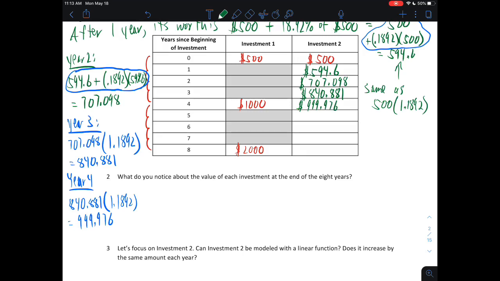Okay. So now that we see that there's an easier way to find all of these, let's go from year 4 to year 5. I'm just going to take 999.976 and multiply by 1.1892.